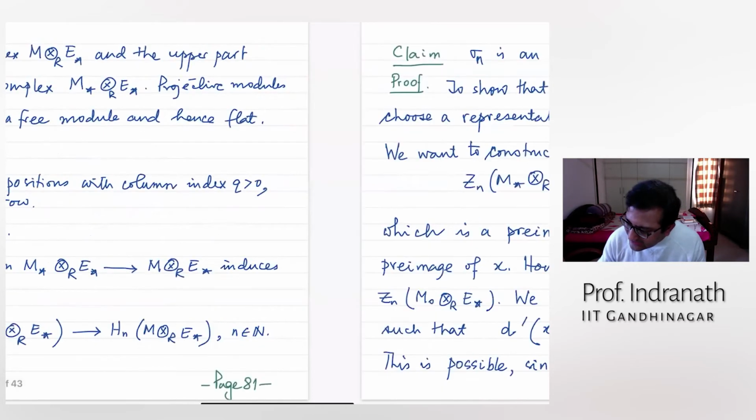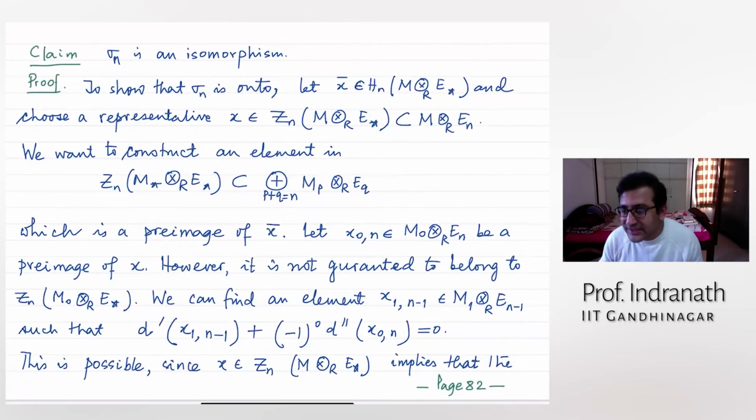Please go through these verifications, the idea I have described. It is like chasing the ladder, because you have the zero out here, meaning the surjectivity zero. Every time you have to ensure the pre-image is there.